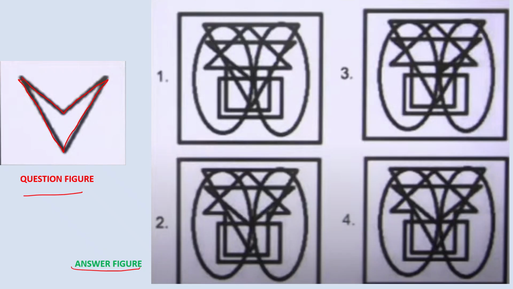So here, if you check properly, you have something like this coming, but the other part you can't find, correct? Somewhere like this it is there, but the other thing you can't find in the first figure. So the first one is wrong. The third one, if you check, here you have something like this coming, but the other parts are not there to connect to form the question figure. So the third one is also wrong.